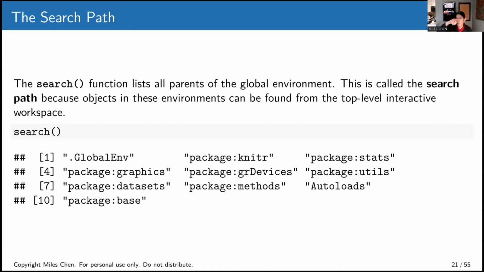Your global environment is first in the search path, and then it lists the other packages that serve as the chain of parents. Because I've knit these notes, package knitr gets loaded. If you were to type search() into R right now, it probably won't include package knitr.